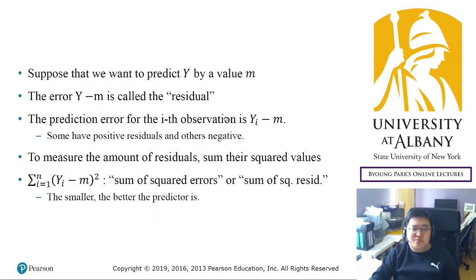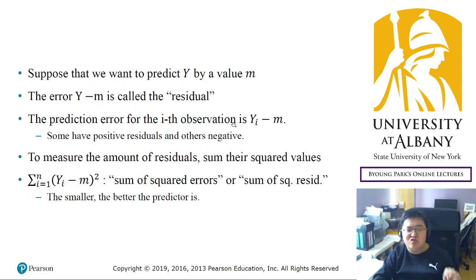By the way, this prediction error could be positive. The residual could be positive for some observations. In those cases, the prediction is an underestimation, but others may have negative values, which is an overestimation, right? So there are positives and negatives. Both are bad.